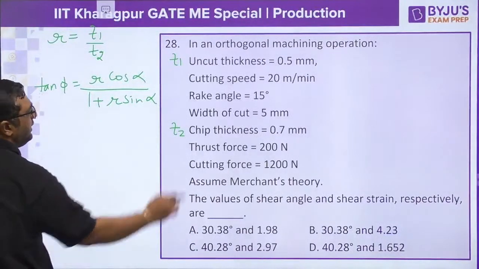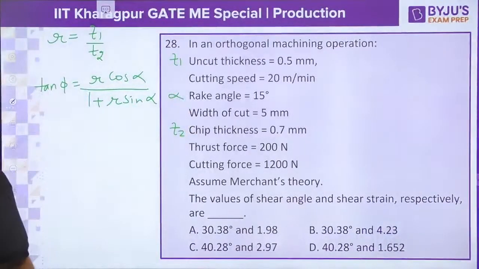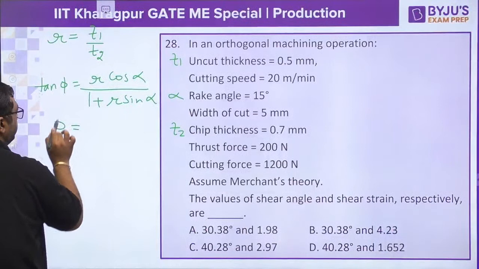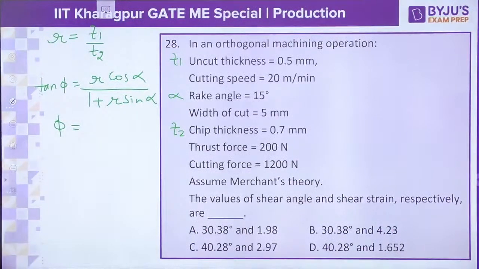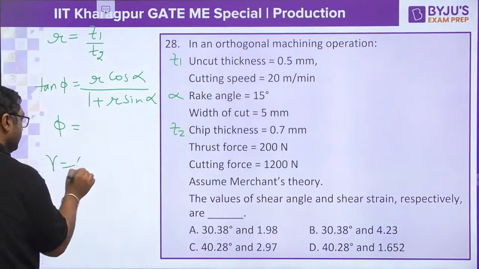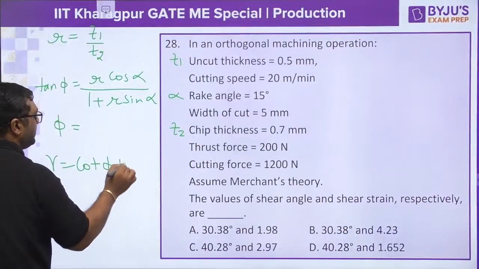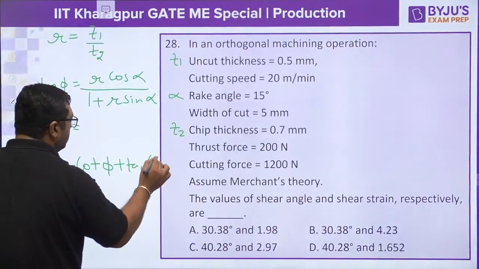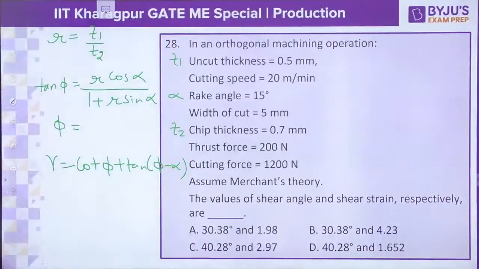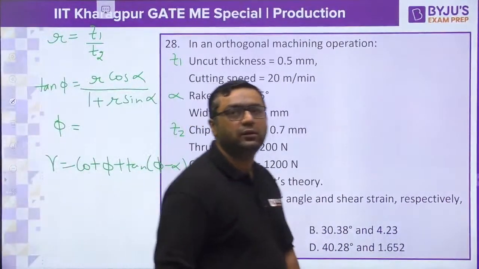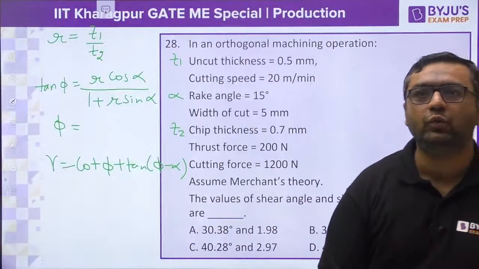Alpha is the rake angle. You will get the phi. After getting the phi, shear strain is cot phi plus tangent phi minus alpha. Solve this question, guys. Hint is there for you.